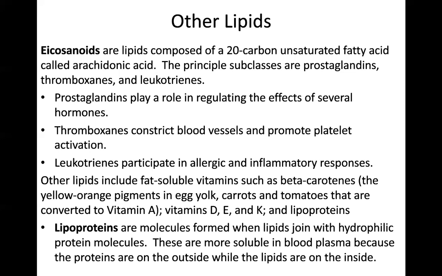But lipoproteins are molecules formed when lipids join with a hydrophilic protein molecule. So it's exactly what it sounds like, a lipid-protein hybrid. They're more soluble in our blood plasma because the proteins are on the outside while the lipids are on the inside. If you've taken nutrition, I imagine you've heard of HDLs and LDLs.